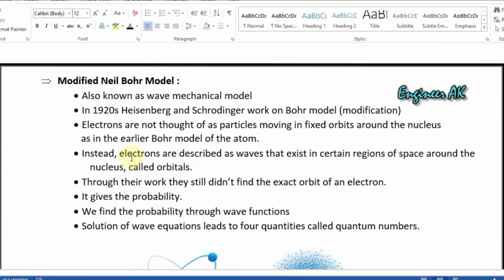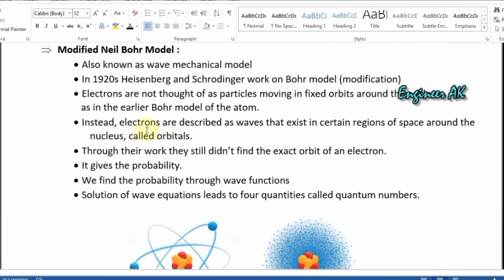They said that there are clouds of electron around the nucleus, and there are also some orbitals around the nucleus in which the electron exists. Through their work, they still didn't find the exact orbit of the electron, but it gives the probability, right?